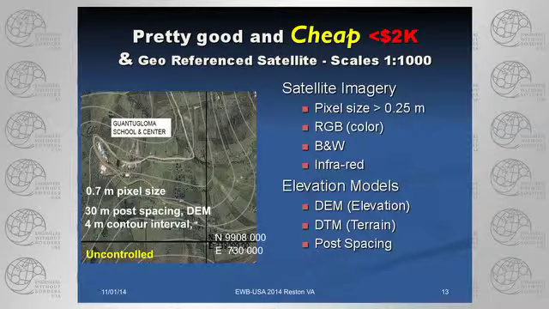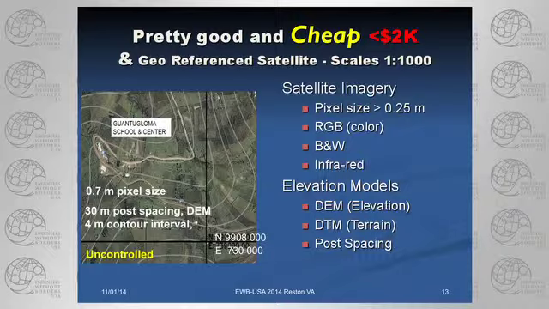The other thing that you get from satellite imagery is elevation models. An elevation model is built by the satellite establishing posts in a grid form, and you can order this elevation model with posts at different grid spacings.